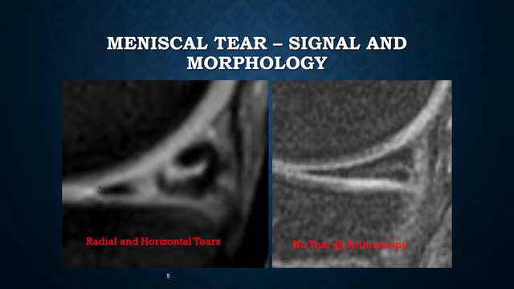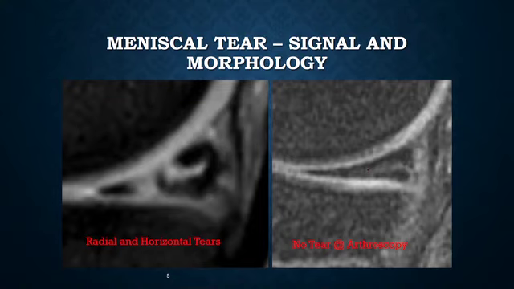The two surfaces of the meniscus are up here, the superior surface, and down here, the inferior surface. Here we see an example of a linear, horizontally oriented high T2 signal line, which is breaching the superior surface of the meniscus, and this would be a horizontal tear of the posterior horn of the medial meniscus surfacing superiorly. So this is based on signal and the fact that it's unequivocally breaching the surface.